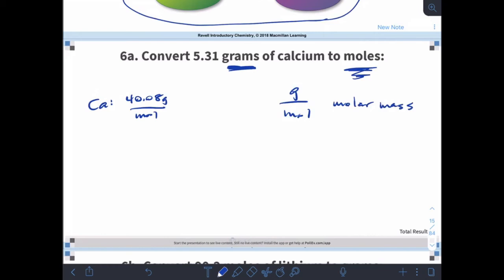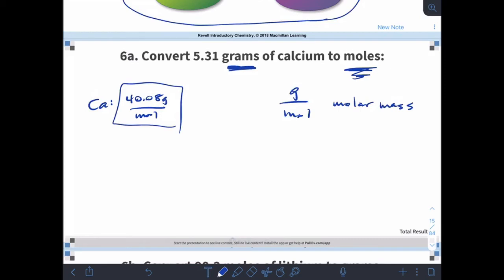So 40.08 belongs with the grams. And it helps to actually say it out loud to yourself. 40.08 grams per mole. Okay? So a common mistake is to put the number with the moles, and that's incorrect. Okay, so this becomes our conversion factor.